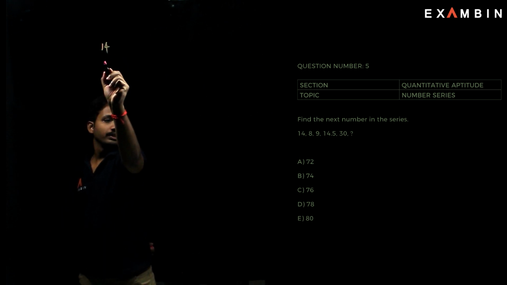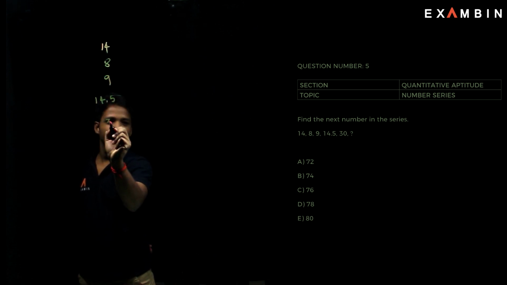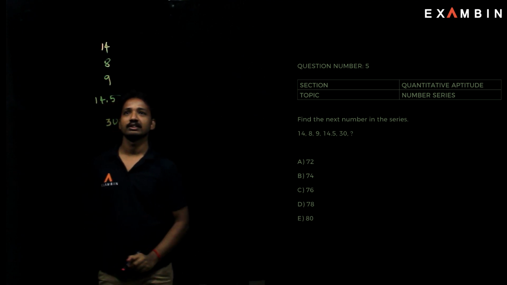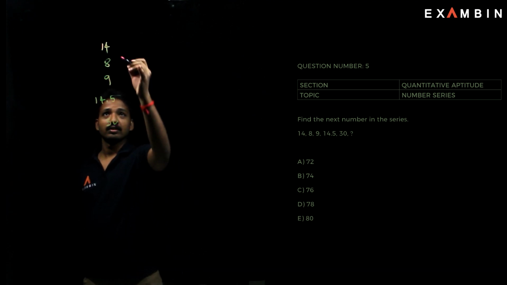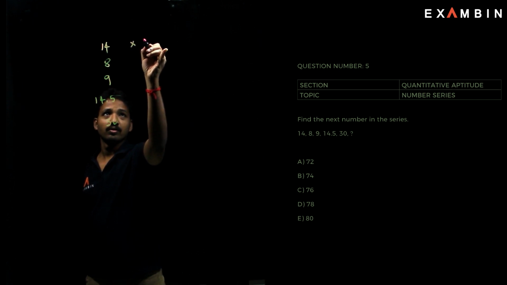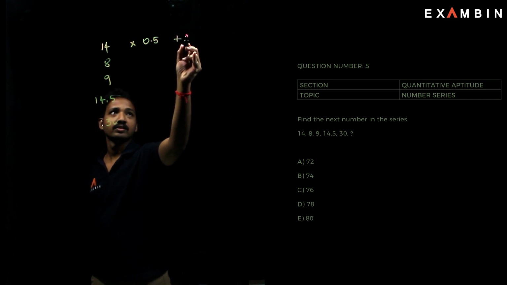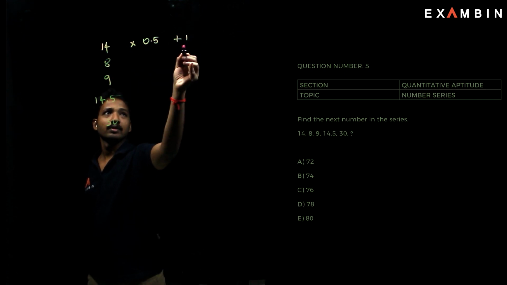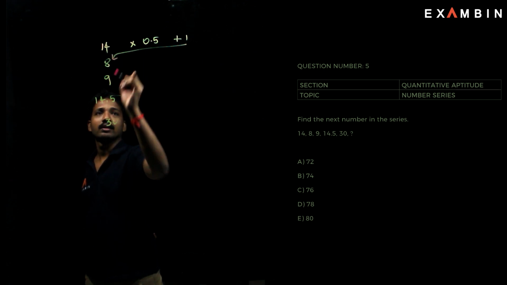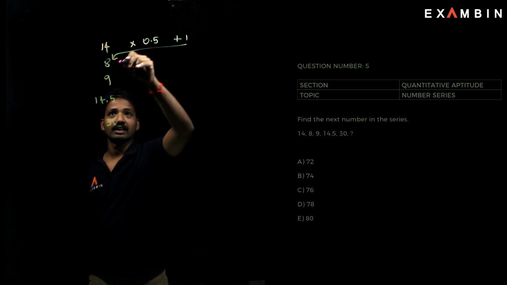The numbers are 14, 8, 9, 14.5, 30. The relation between all these numbers is the first number is multiplied by 0.5 and 1 is added so that it will come 8. So 14 into 0.5, 7, 7 plus 1, 8.